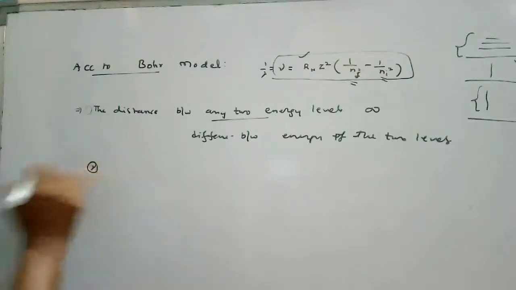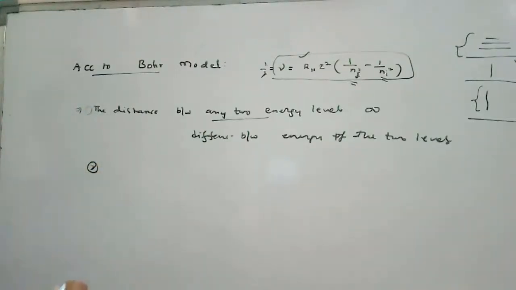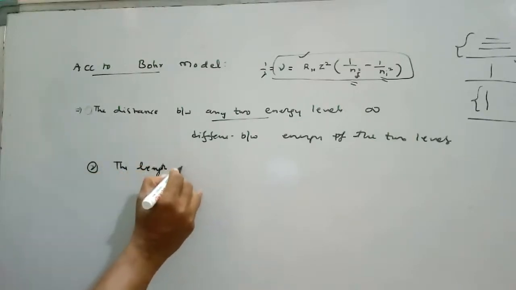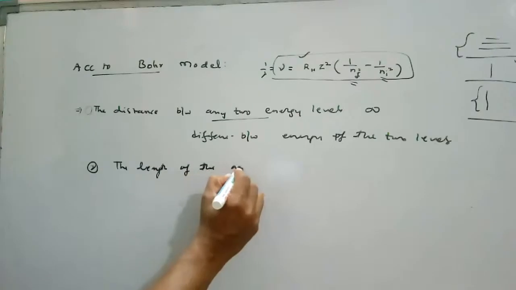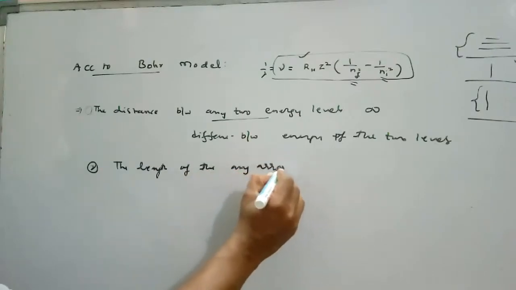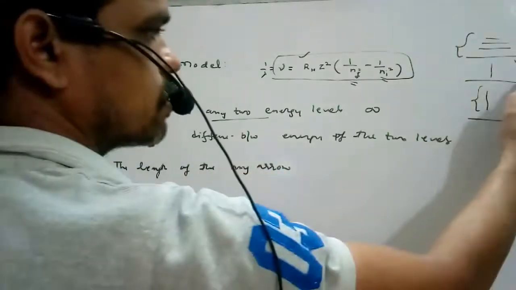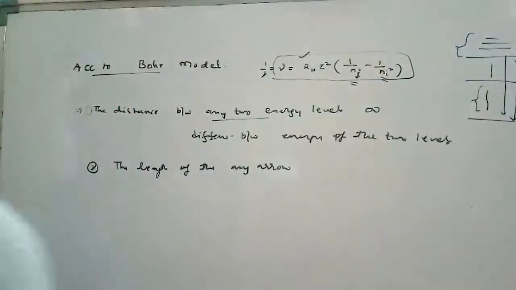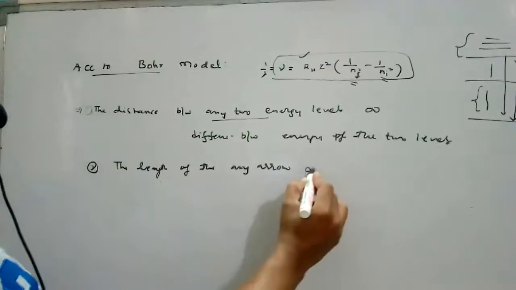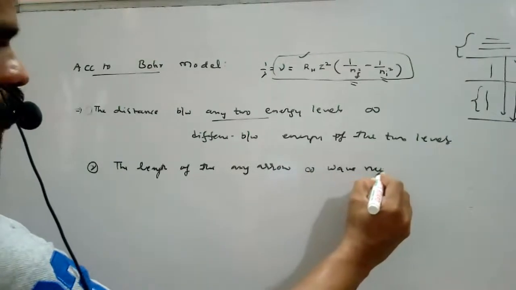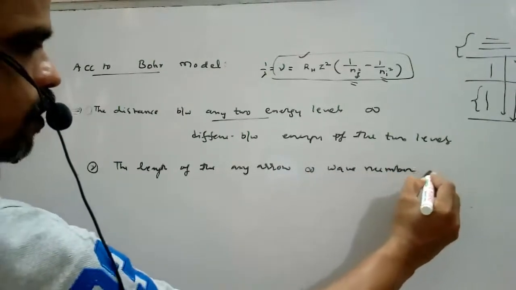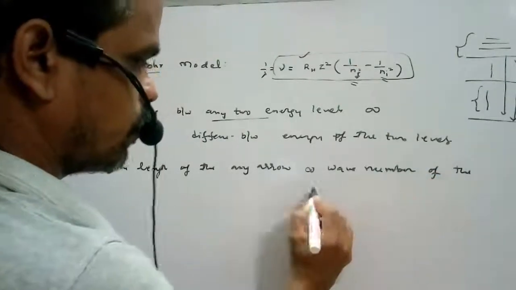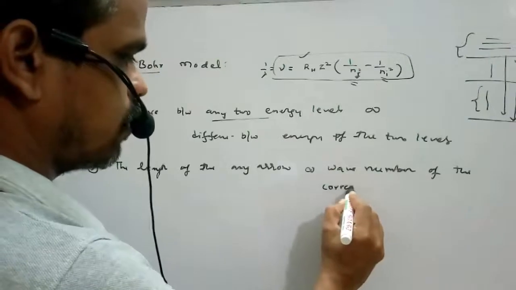Next, the length of any arrow. See, we marked like this, so the electron is coming like this. The length of the arrow is proportional to the wave number of the corresponding line.